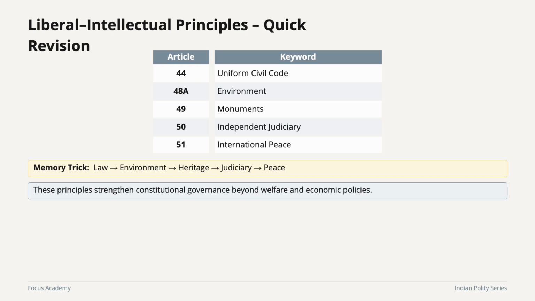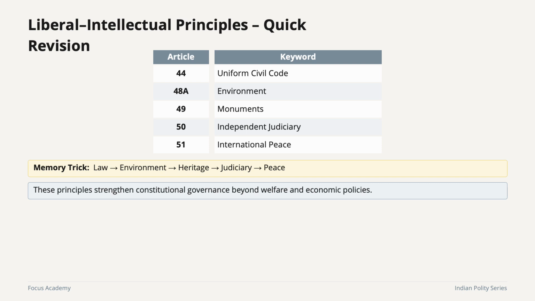So very important point, classification is not mentioned in the Constitution. Okay, it is mentioned chronologically, sequentially in ascending order, but we have classified it into the three different principles. And I think initially when I started my NPSC journey, I used to study it in ascending order without classifying it, okay?